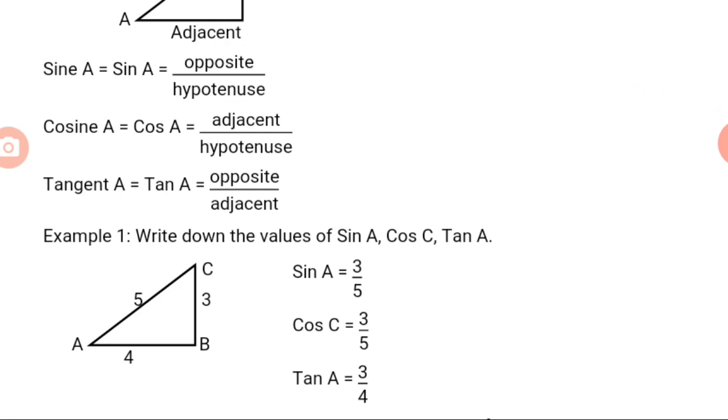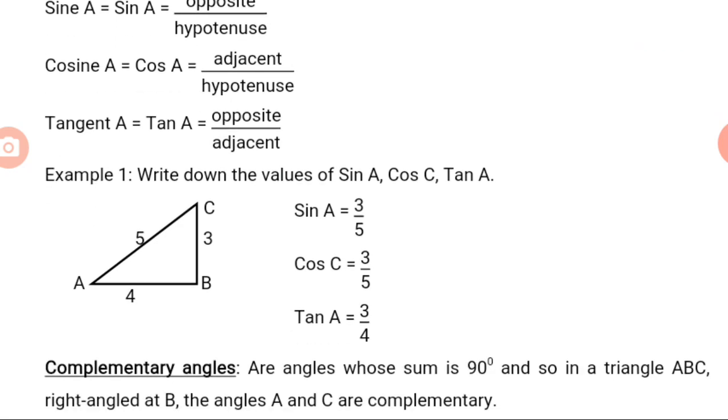That is 3, which is 3 all over hypotenuse. The hypotenuse remains the hypotenuse, and the hypotenuse is AC, that is 5. Therefore, sine A is 3 over 5.